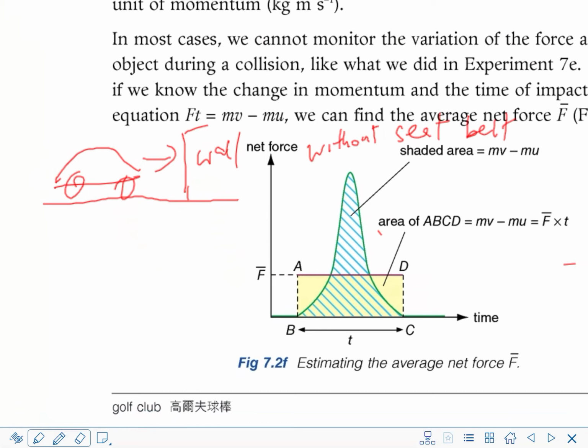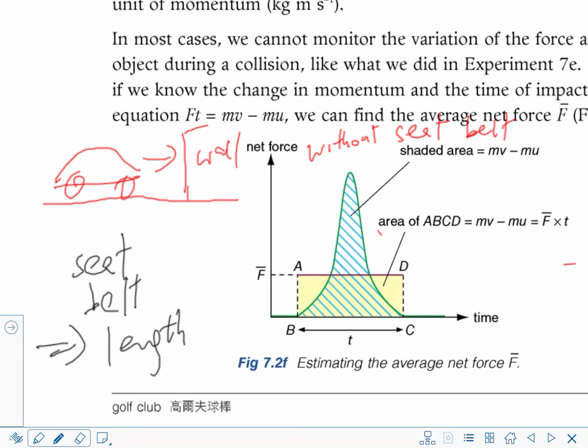The driver may die because there is a large force acting on him. However, if he wears a seatbelt, it lengthens the time of impact.